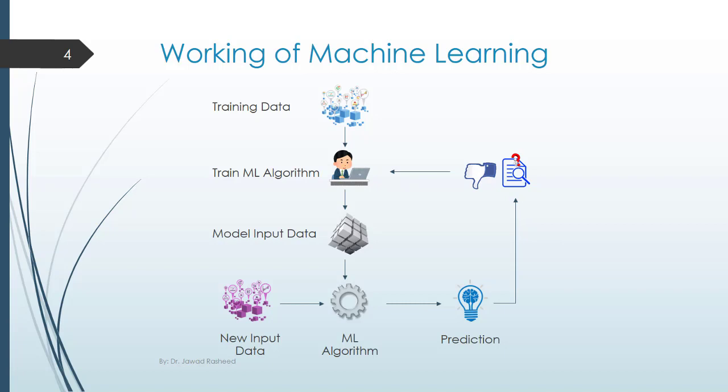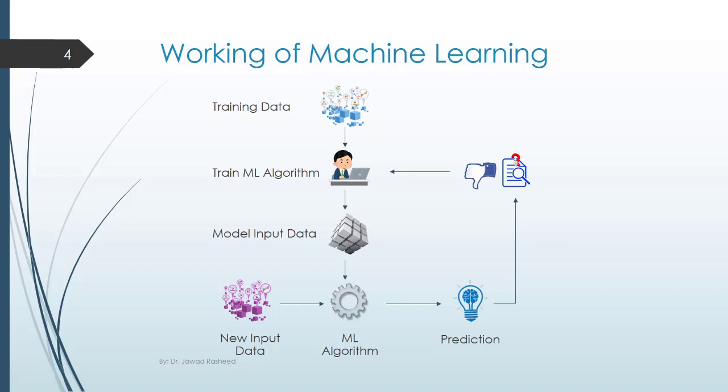Once the algorithm is trained on the training data, if it sees that my training is not accurate, then it goes back and says, you did not train well, my prediction is wrong. So it then starts training again. I mean, it enhances its performance.